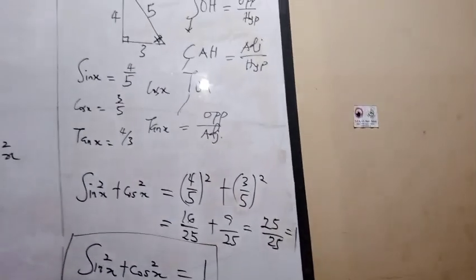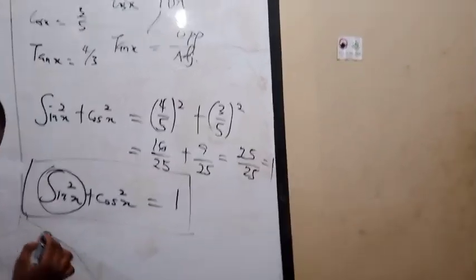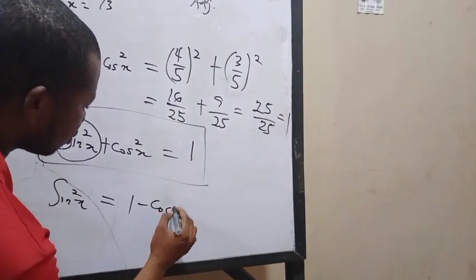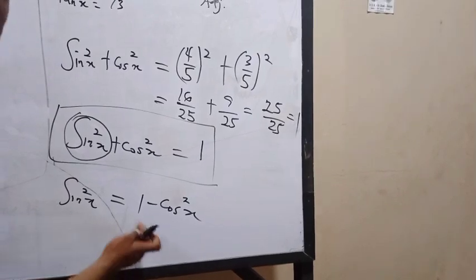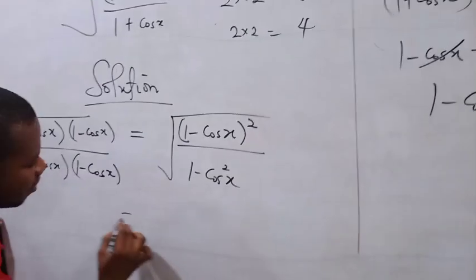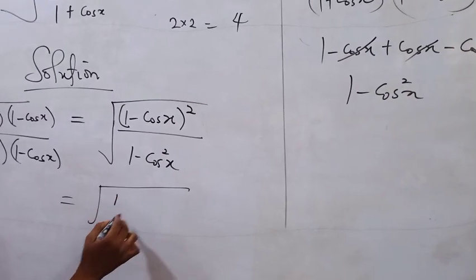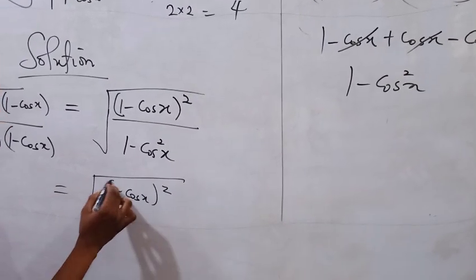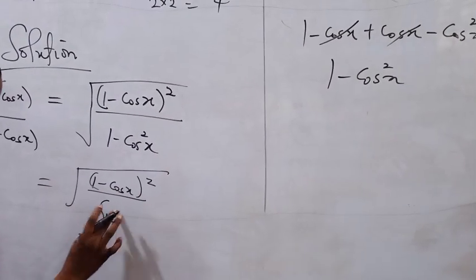So that being the case, I can now make sine square x the subject of the formula by saying sine square x is equal to this one. This one crossing over becomes minus cos square x. And mind you, this thing I'm having here is the same thing as what I have here. So by virtue of that, I can now say 1 minus cos square x over sine square x.